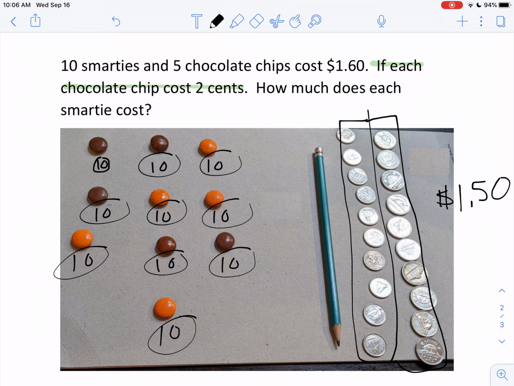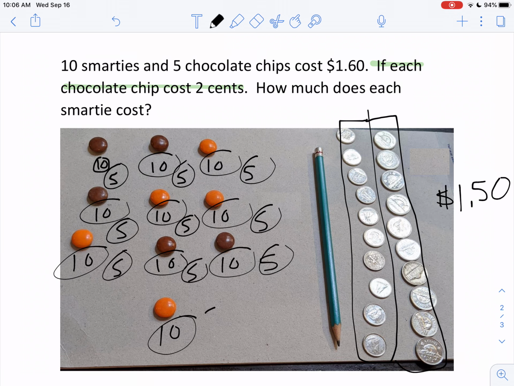So that's going to be a nickel handed out to each candy. That will add up to my $1.50 bill. So each Smartie costs 15 cents. Pretty expensive for Smarties, I think. But hopefully that gives you the idea of how you could solve this with a picture.